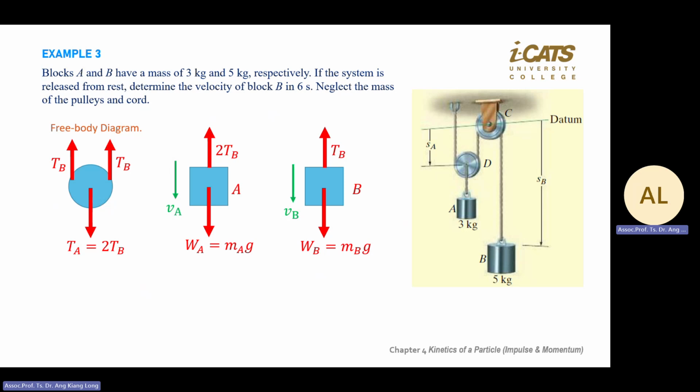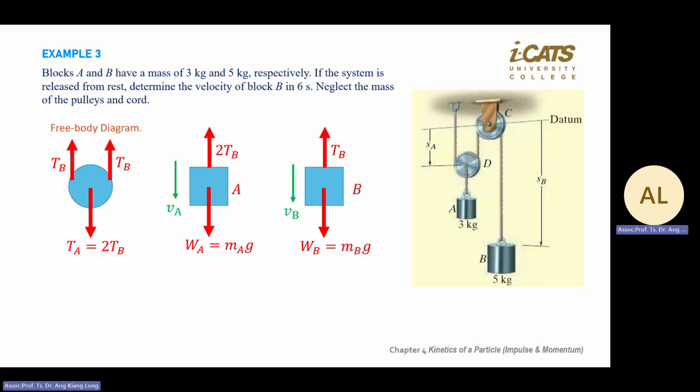Your datum is given. Your datum goes down positive. So that's why for your VA in the kinetic diagram, you follow the datum direction. Follow the motion given by the datum. SA goes down positive, the arrowhead. That's why your green arrow VA goes down positive.